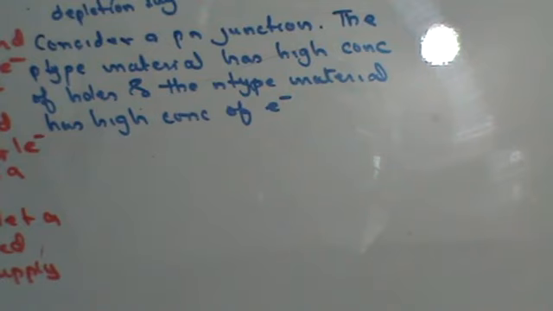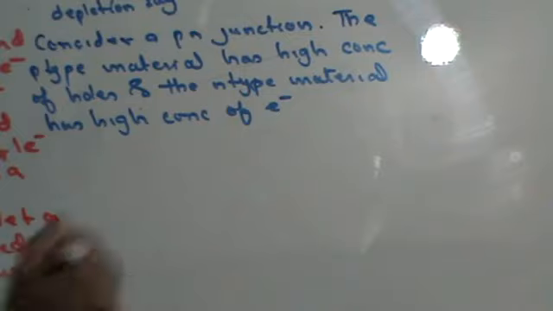Hence, there is a tendency for the holes from the P type to diffuse over to the N type, and free electrons from the N type to diffuse over to the P side.